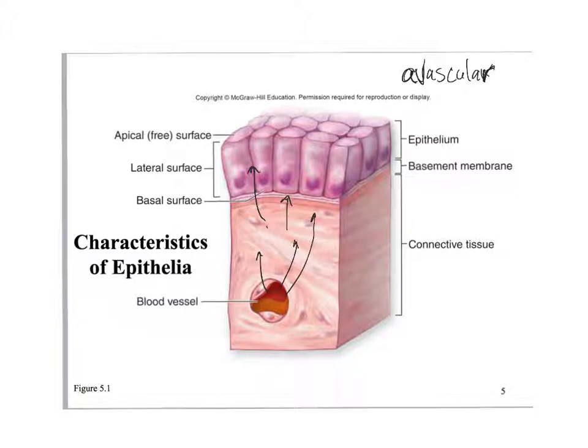It has to be anchored and supported by connective or some other tissue. It lacks blood vessels, it's avascular, but it does have nerve endings, so it is what we call innervated. It has nervous tissue that will relay signals to it.